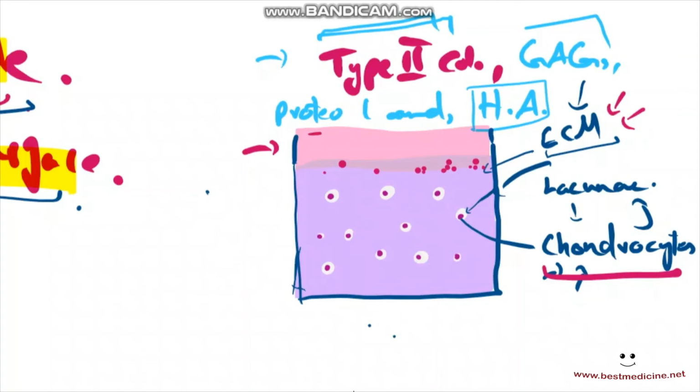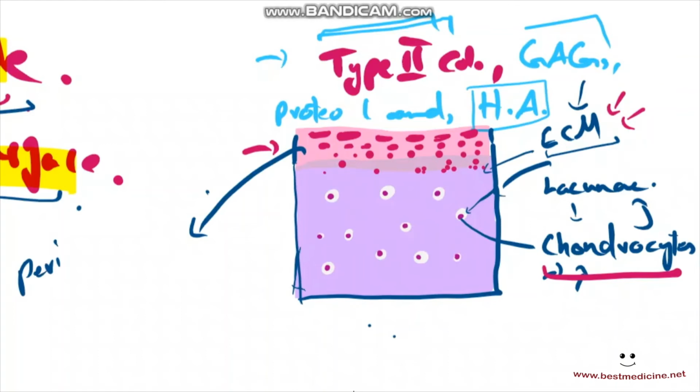We studied fibroblasts in the connective tissue chapter. Fibroblasts are fusiform shaped, present inside the connective tissue, and they release the connective tissue elements. These are cells present in the perichondrium, the dense connective tissue surrounding the cartilage.